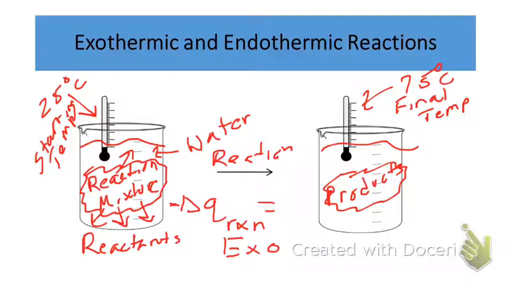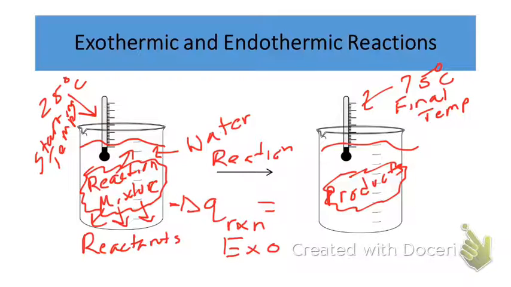Okay, it's got to be an exothermic reaction because the delta Q of the reaction, the heat, is being lost from the system and going into the surroundings, which is causing the temperature of the surrounding environment to go up. So this is a great example of an exothermic reaction.